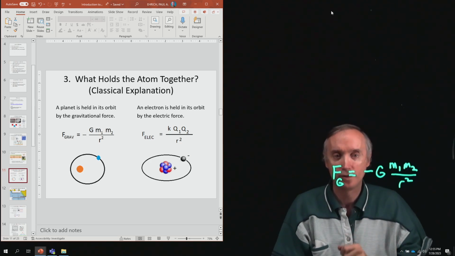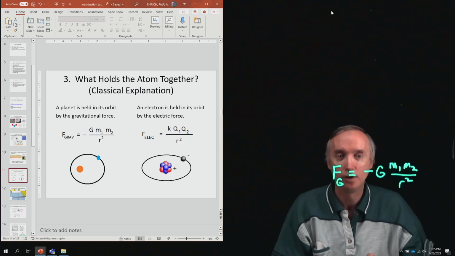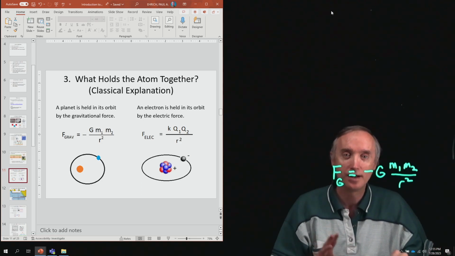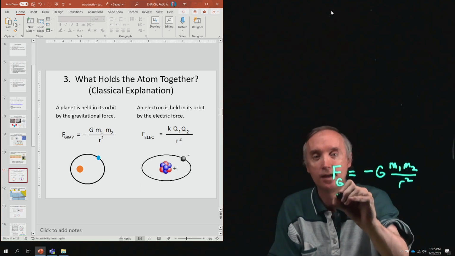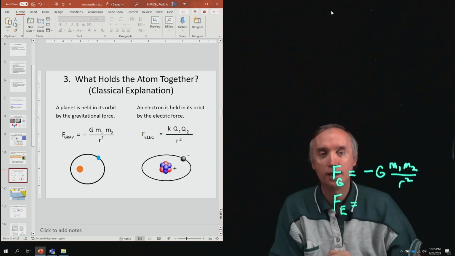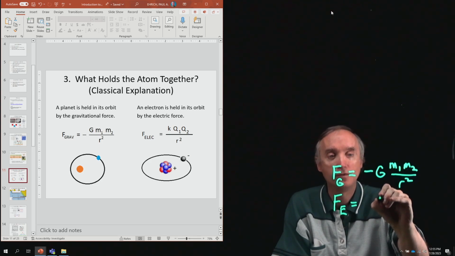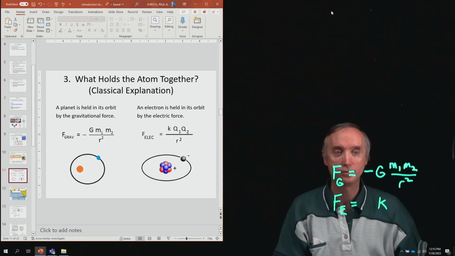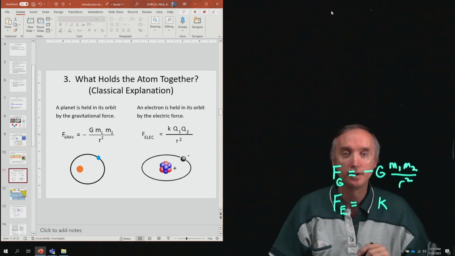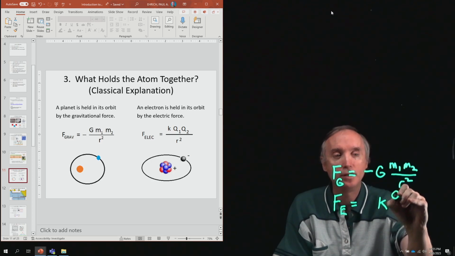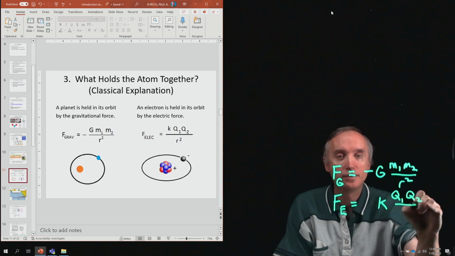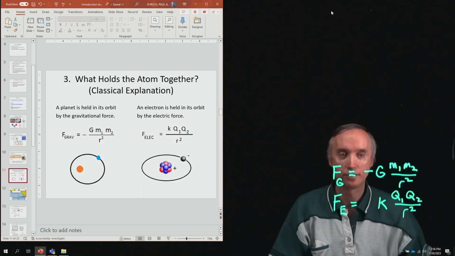So now let's compare this to the force of electricity, which we will talk about in our next lesson. But for right now, see if you can understand this: in nature there is a force of electricity, and it is going to be equal to a fundamental constant of nature, which we don't care about, K. And then this time it's going to be Q1, Q2, divided by r squared.